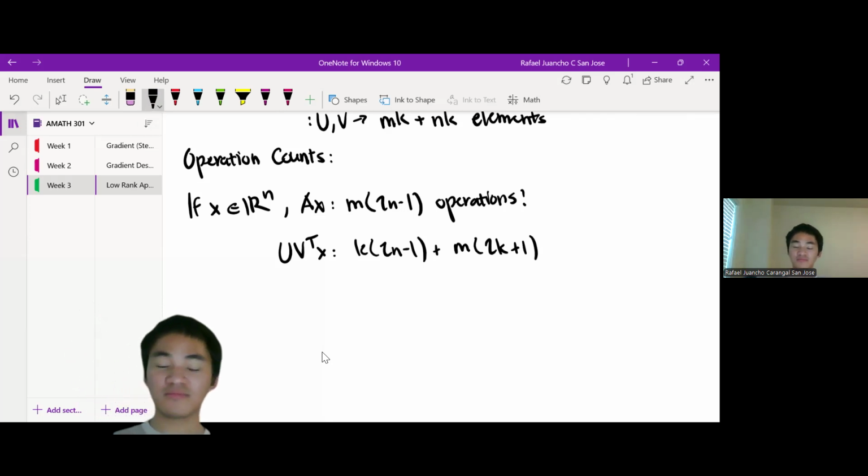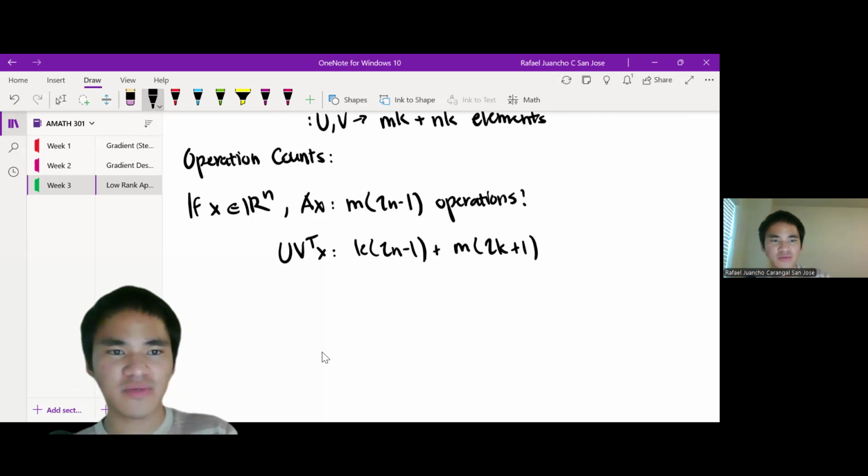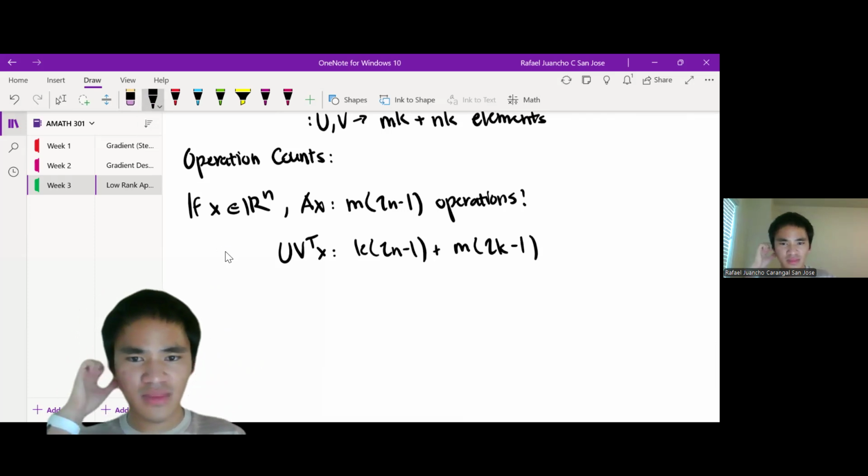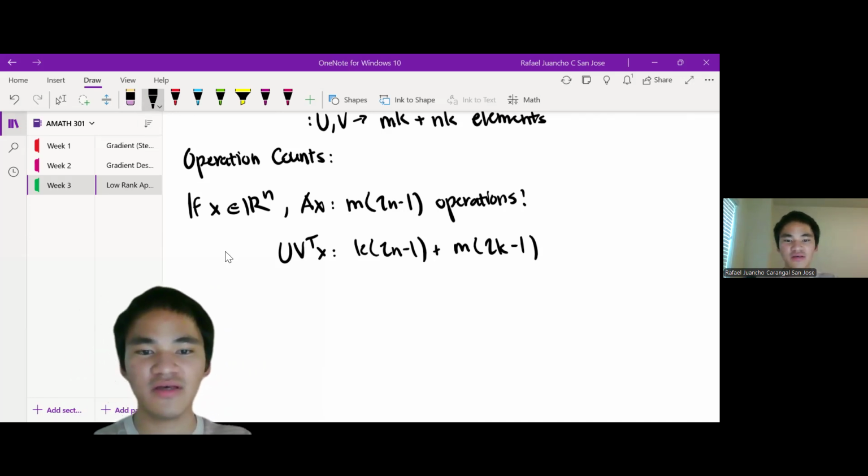Those are the number of operations. And if k is small, then UV transpose x is cheaper, so the number of operations is less.